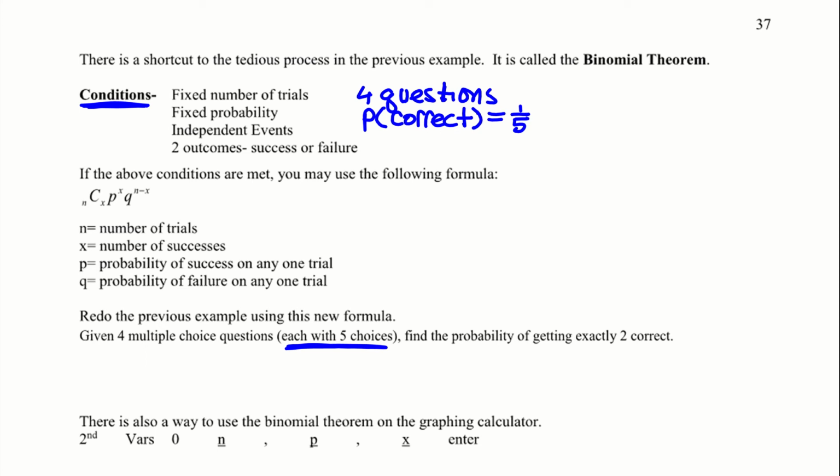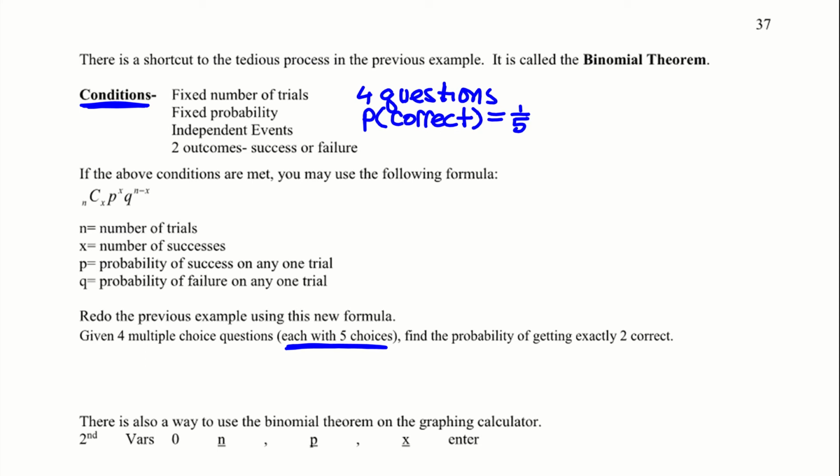Independent events. All right. Now that part is a little harder to write out and justify, but you can just consider it. Independent events means that a second event occurring is not impacted by success in the first event. All right, so if I flip a coin once and get a heads, that doesn't mean I can't get heads any other time I flip a coin. It's independent of that outcome. I always will have a 1 out of 2 chance of getting a heads when I flip a coin.